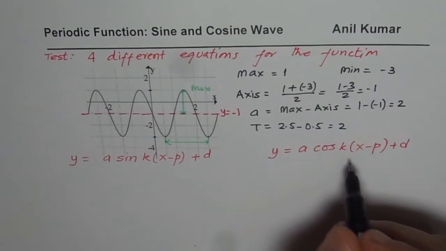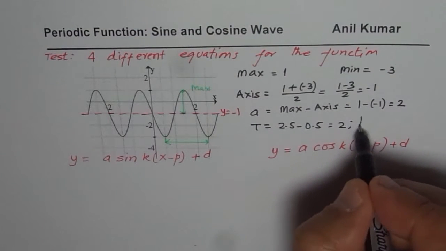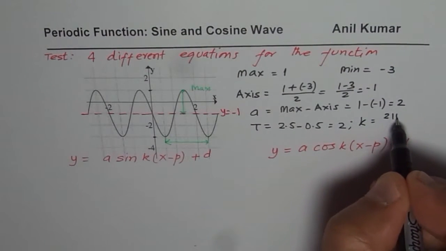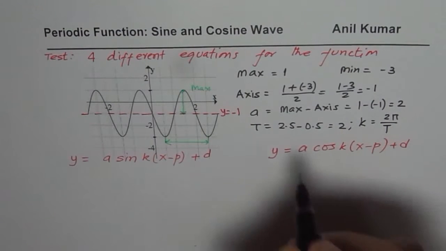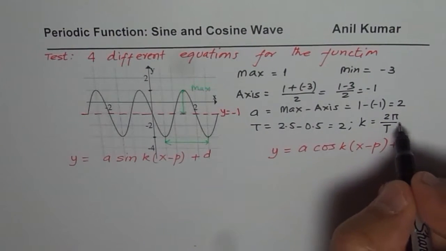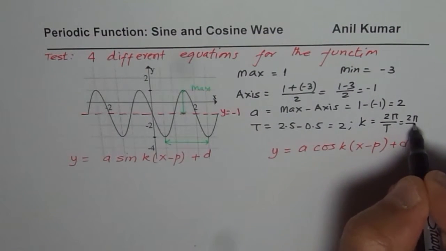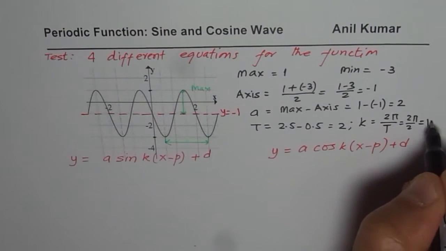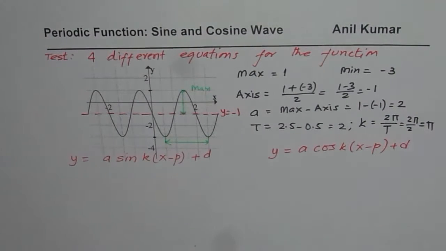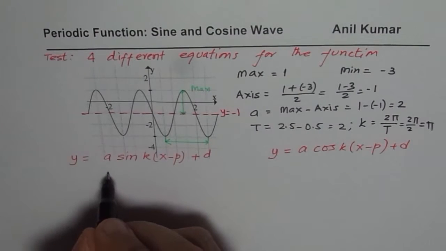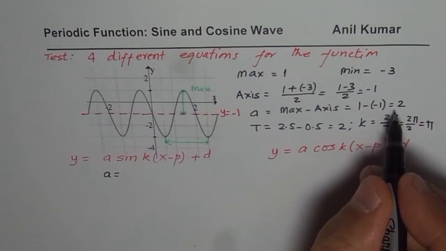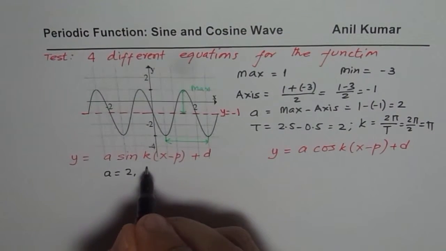Time period is related with k. k equals 2 pi by t, right? So when you divide 2 pi by 2, you get k equals pi. So from here, what we know is that a is equal to 2 for us, k is equal to pi.